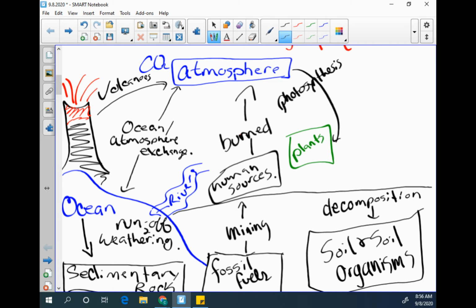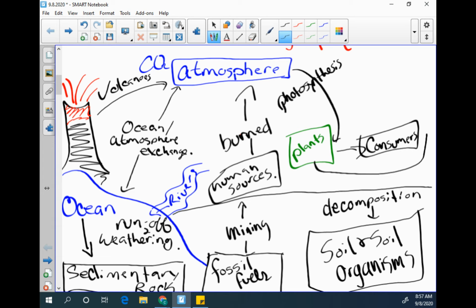Photosynthesis is the act of taking that carbon dioxide out of the atmosphere and fixing it into sugars that we can use. Those plants then get eaten by consumers. So the carbon in those plants gets transferred to the consumer.